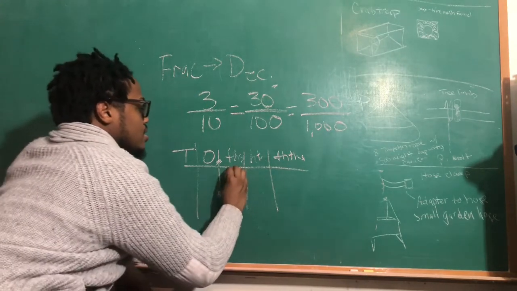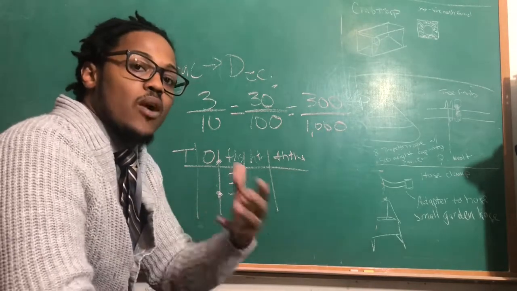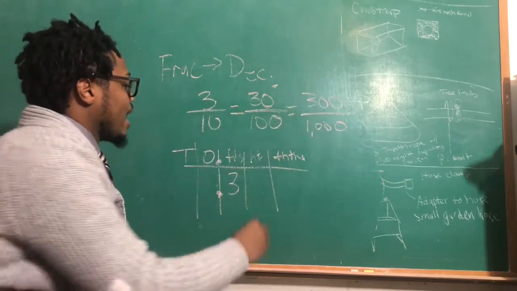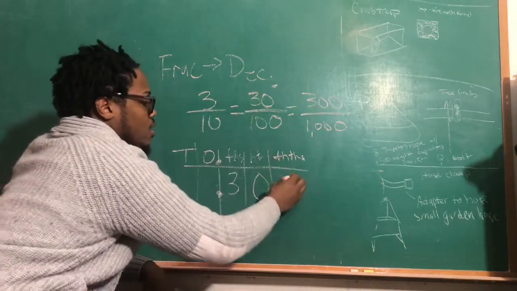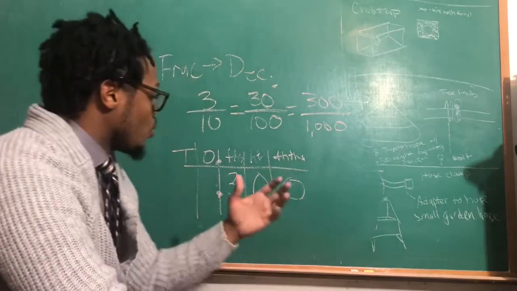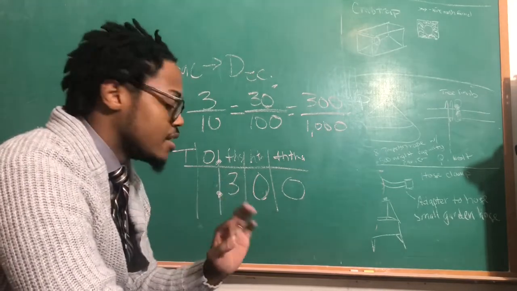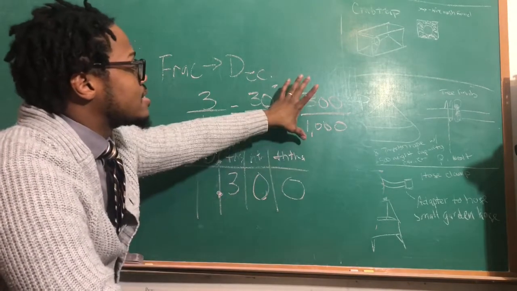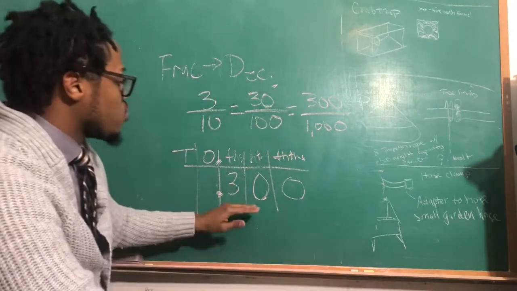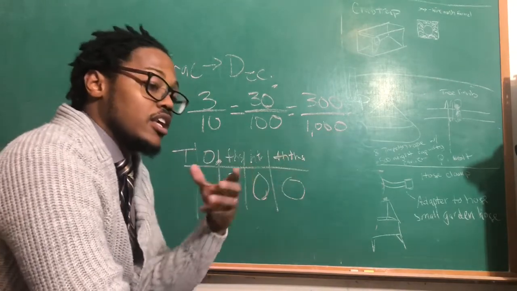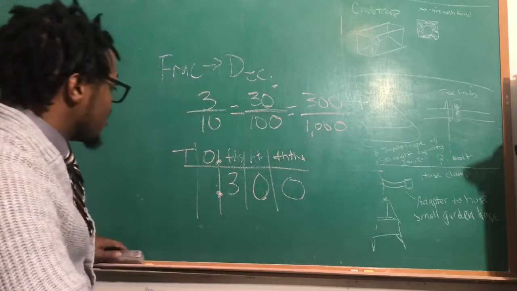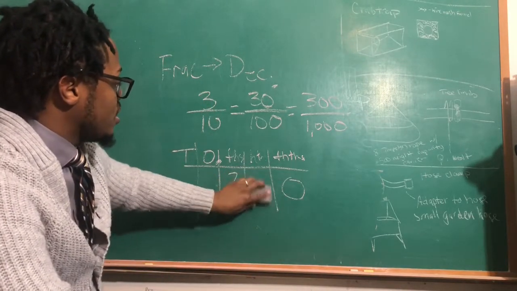If I wanted to see that same number written differently, I could write 30/100ths or 300 thousandths. The value doesn't change at all, but the way it's written changes, and so does the way it's said. So somebody can't ask you for 3/10ths and then you write 300 thousandths. Technically the value is the same, but if they ask you for 3/10ths, you should give them what they're asking for, which is 3/10.